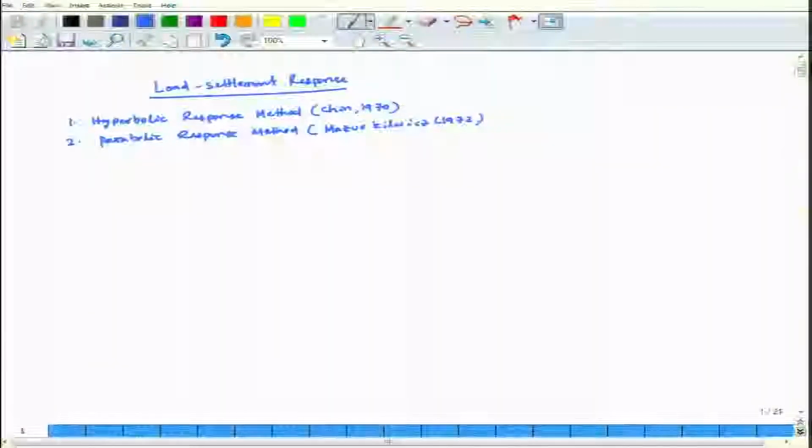Then the log method, given by De Beer, 1967.